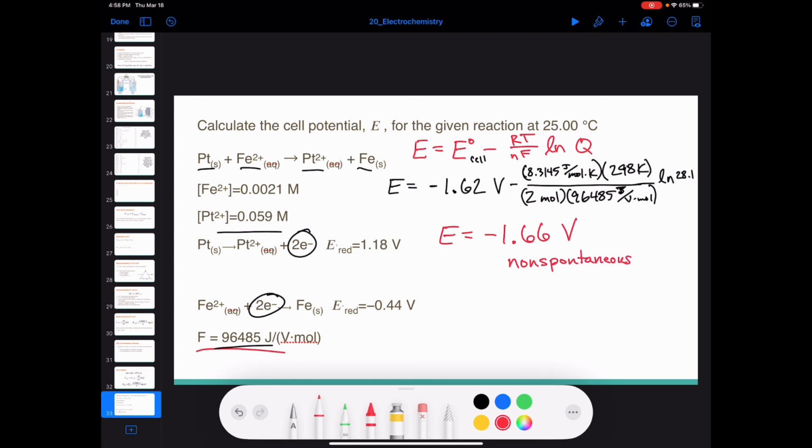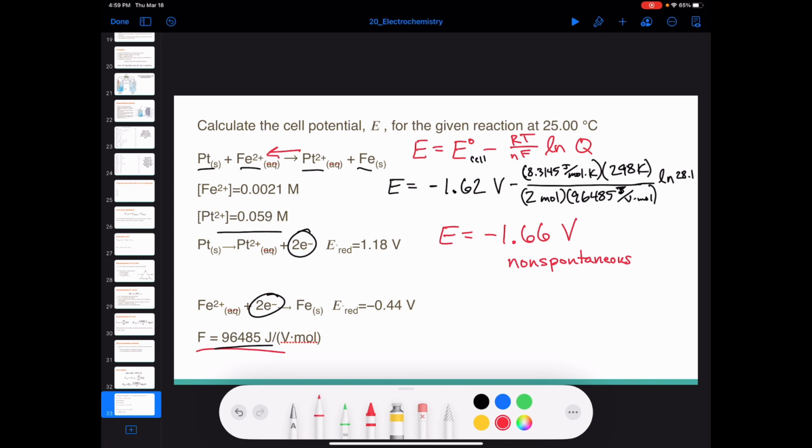Now, what if I really wanted to make this kind of battery and make it spontaneous? What I'd have to do is just do the reverse reaction, right? Take platinum ions and iron metal, turn it into platinum metal and iron ions. And so in that case, it would become spontaneous. It would have an E value of positive 1.66 under the same conditions, right?